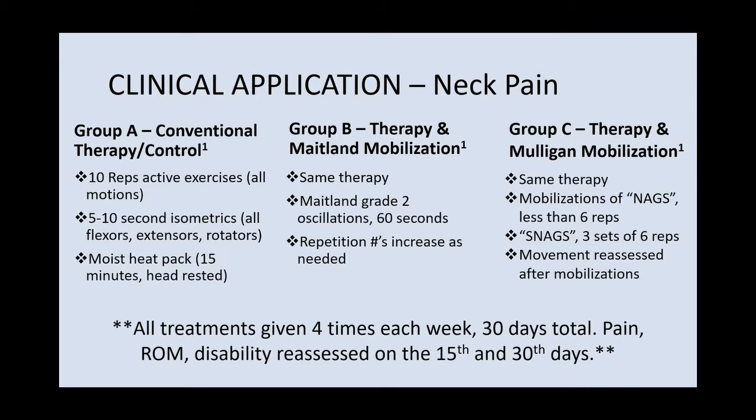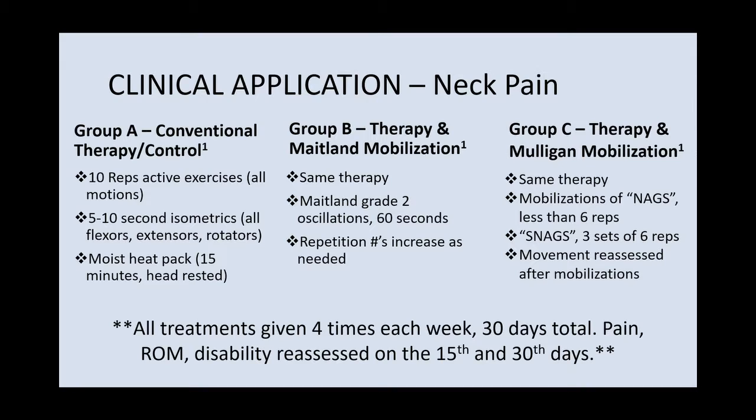So like I already mentioned, SNAGs is sustained movement, and then the NAGs is without sustaining the movement, or the glide, or the translation, whatever you want to say. And so the NAGs was less than 6 reps. The SNAGs was 3 sets of 6 reps. And then the movement, so the range of motion that was symptomatic, was reassessed after mobilizations.